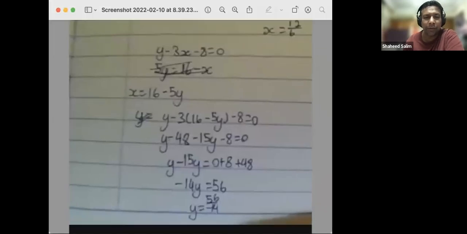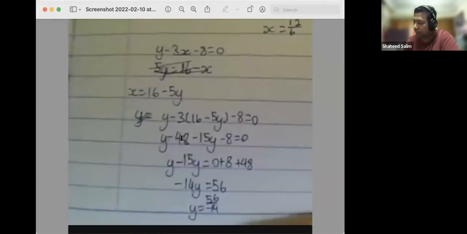Oh, congratulations. Okay, let me just see. There's a slight error down here. When you expand out, you put 3 times 16, negative 48, correct? Negative 3 times negative 5 is positive 15. You get it now?